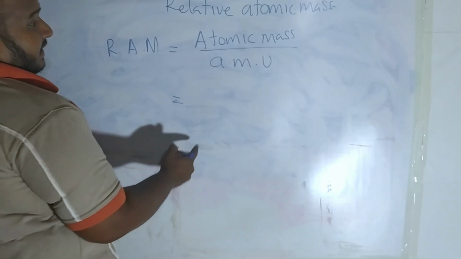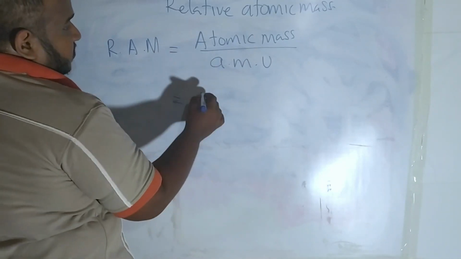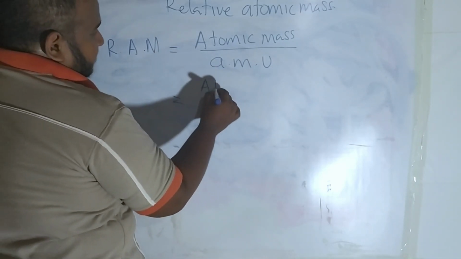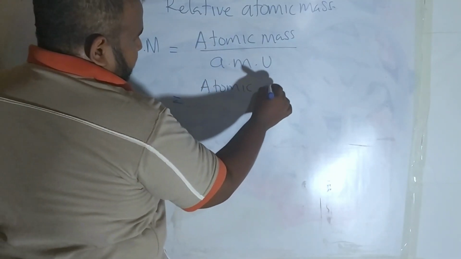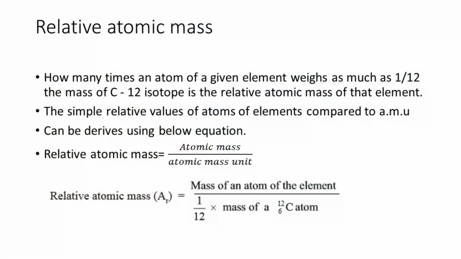Also, if you substitute atomic mass unit, it can be written as atomic mass divided by 1/12 of carbon 12 atomic mass.